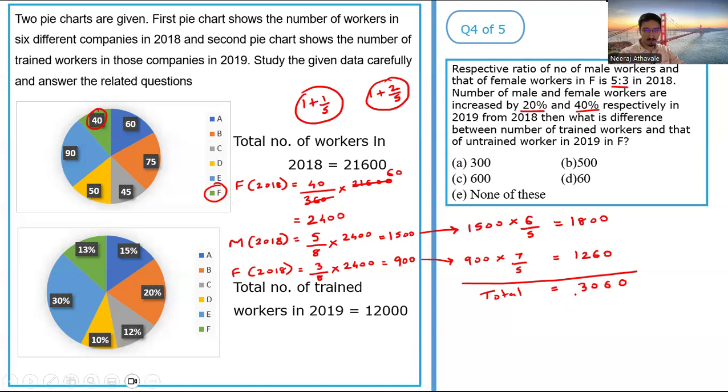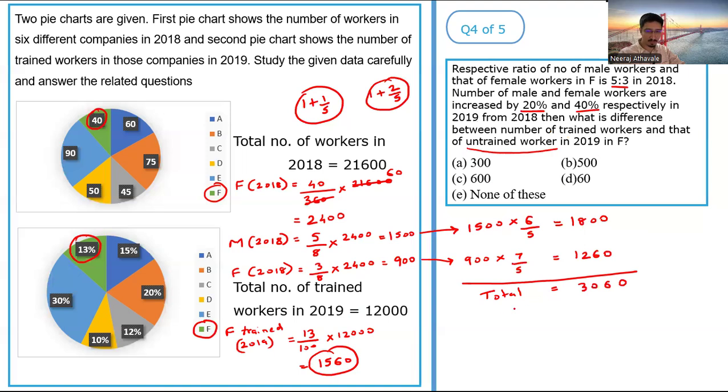Now the total number of trained workers in F. So F trained in 2019 will be 13 percentage of 12,000. So that comes out to be 1560. Now these are trained workers. We want untrained workers.